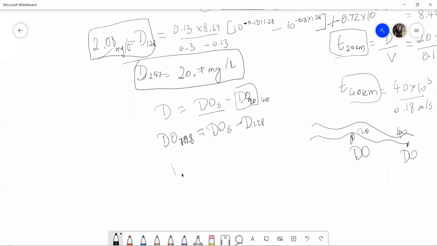So DO at 20 kilometers, or 1.28 days, is equal to 9.17 minus 2.08, that is equal to 7.01 mg per liter.